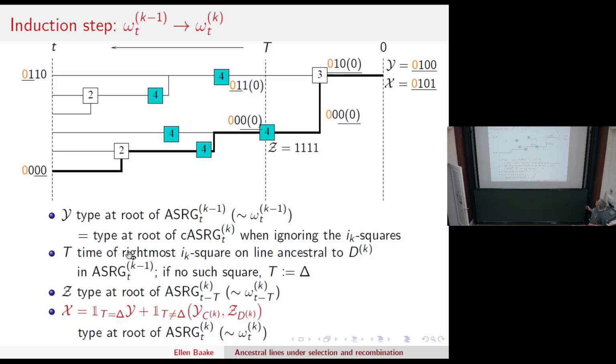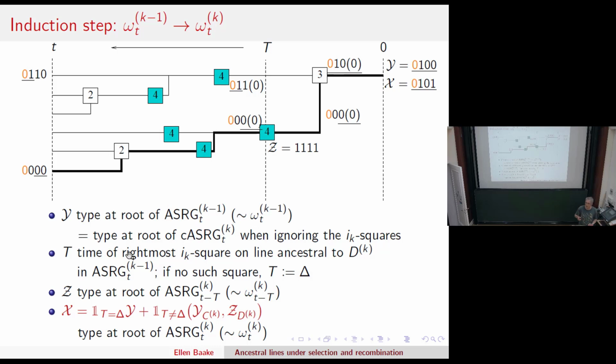We call that y. And then it's clear that is the type at the root of this collapsed ASRG k if we ignore the 4 squares. That's clear because if we ignore the 4 squares, then it is an ASRG k-1, so the thing from the previous recursion. So we know that law. We know that law from the induction hypothesis.